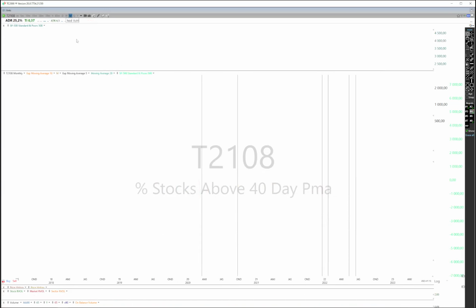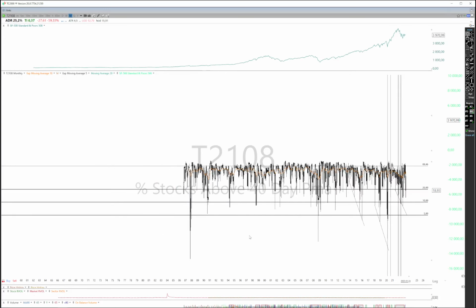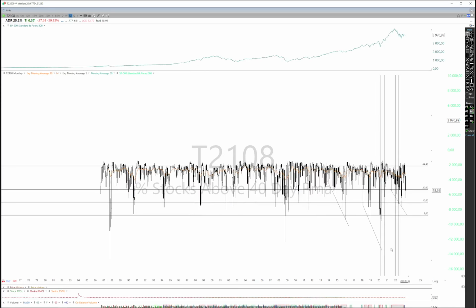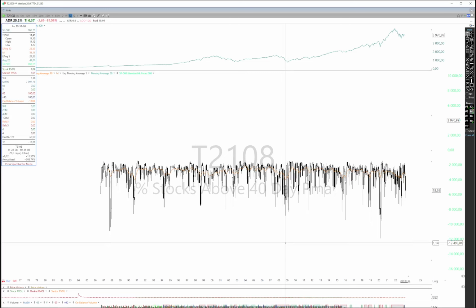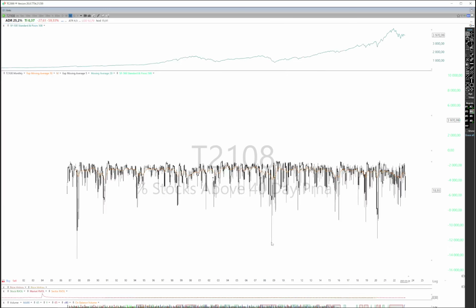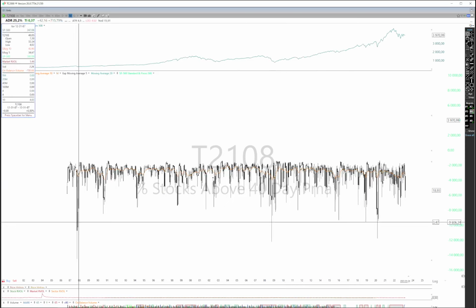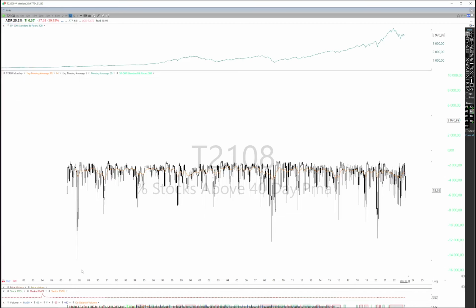Let's go over to month. So no, the lines are really, let's turn off the lines. So the 08, is it 08? Is lower than COVID low. And over here in 80, the crash of 87 is lower as well.